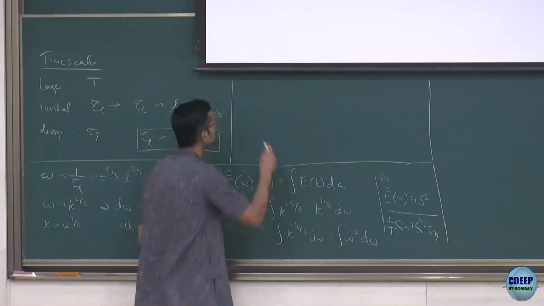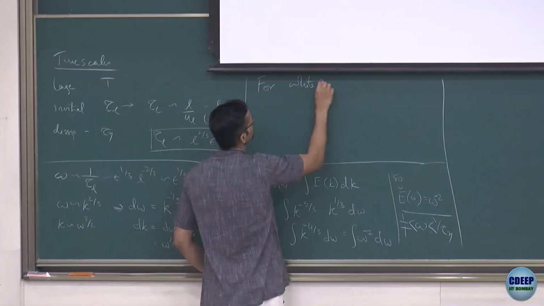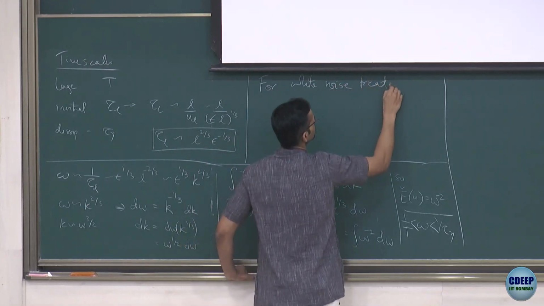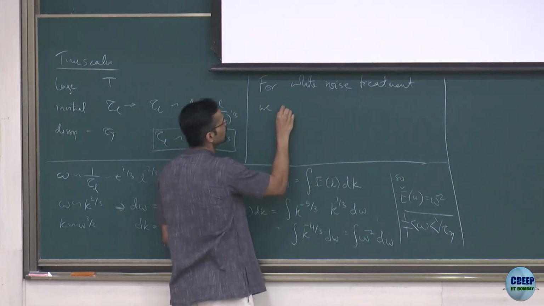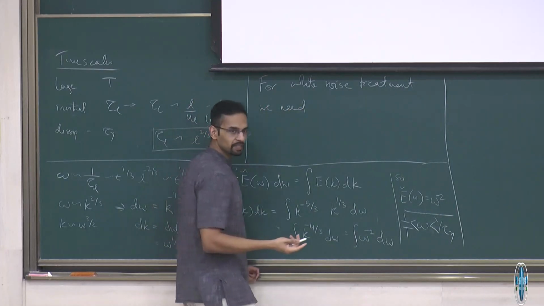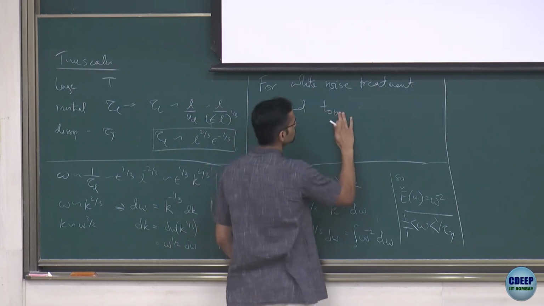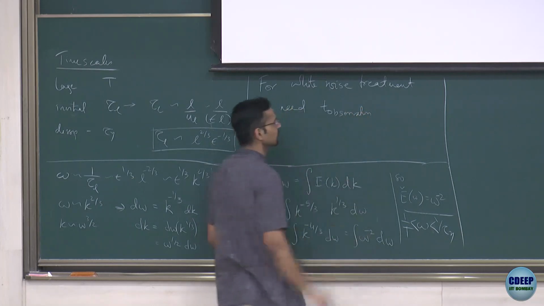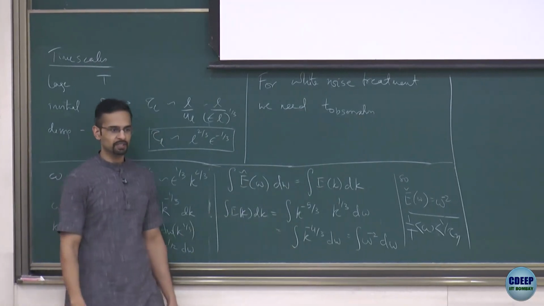So this means that for the white noise treatment of turbulence, we need the observation time, whatever time of interest we have, so whatever the time scale at which I'm interested in the flow impacting whatever transport process I'm looking at.